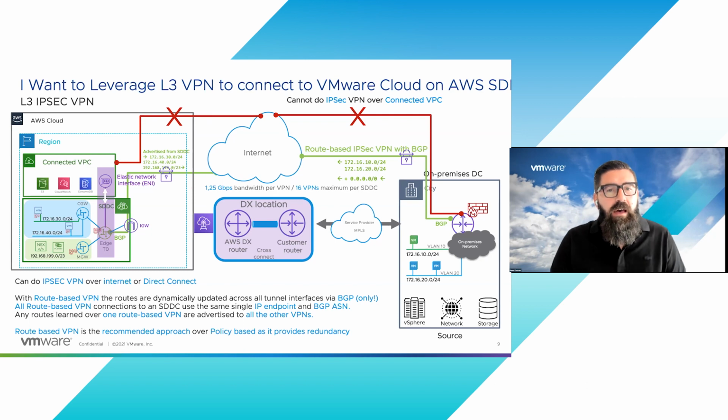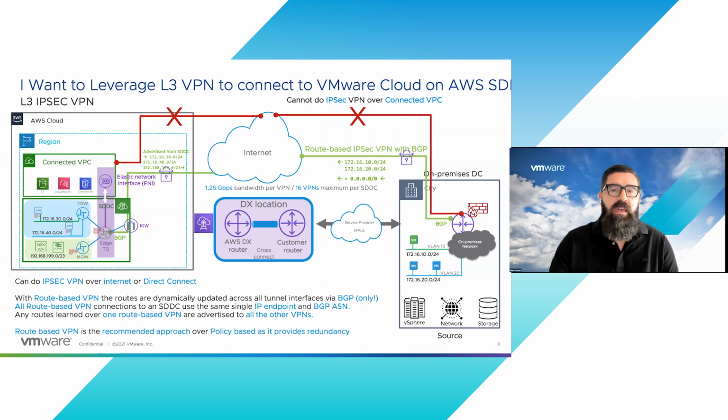Thank you, Christophe. So let's see some tips if you want to leverage L3 VPN to connect to your SDDC. In this example, we have our connectivity mainly through the internet, where we are using a route-based IPsec VPN.